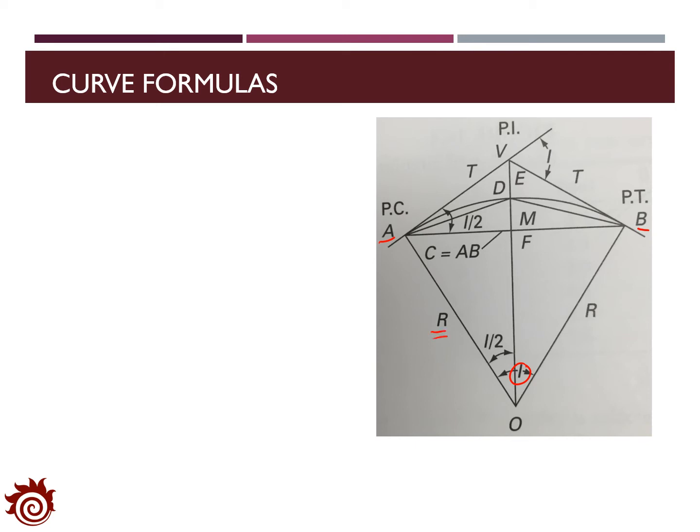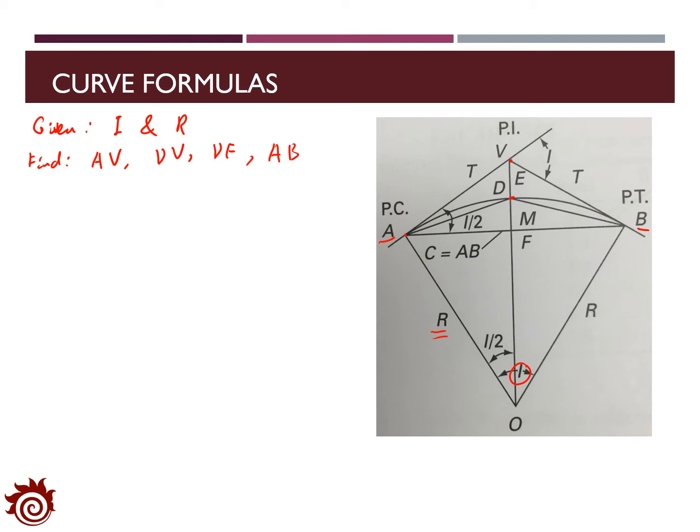We are also given the radius of the curve R. So we are given I and R. And we want to find the length of a set of segments, including the segment AV, which is the segment from point A to the vertex; DV, which is the segment from the midpoint of the curve to the vertex; DF, which is the distance from the midpoint of the curve to the midpoint of the chord; and AB, that is the length of the chord.